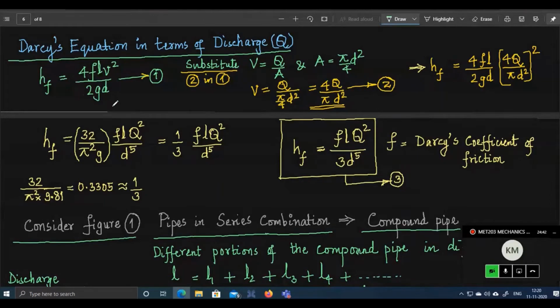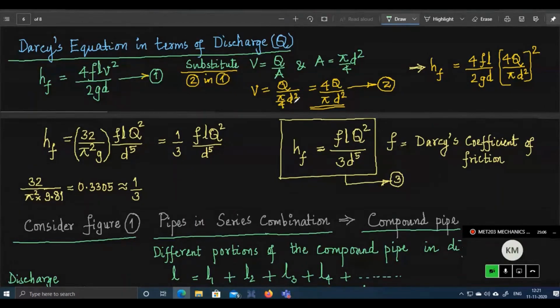Now I want to introduce the discharge into this equation. So how can we introduce discharge? Area of cross section of the pipe multiplied by average velocity of flow, A into V, is equal to the discharge. So V is equal to Q divided by A.